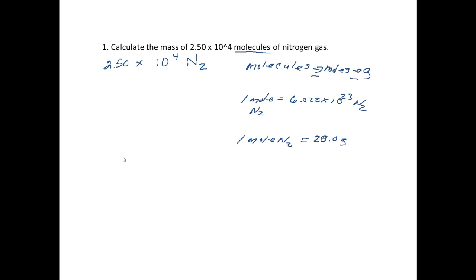So to solve the problem, start with what's given. This has three significant figures, 2.50 times 10 to the fourth molecules of nitrogen. Now that's a lot less than Avogadro's number, so we know we're going to get a really small number here. Multiplication sign, quotient bar. We want to get rid of the molecules of nitrogen, so we're going to use Avogadro's number here.